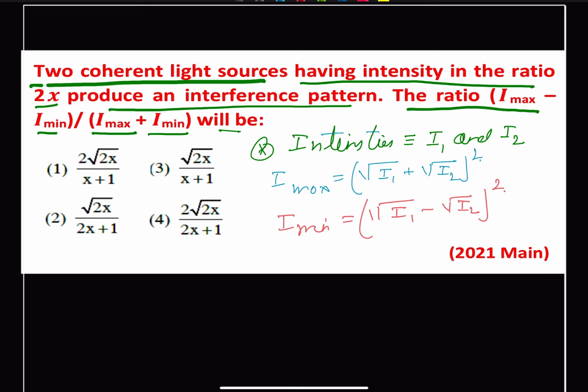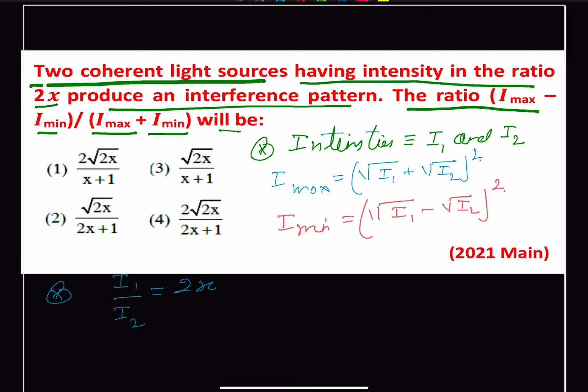And in the question it is given that the ratio is 2x. Therefore we can say that I1 upon I2 is equal to 2x.